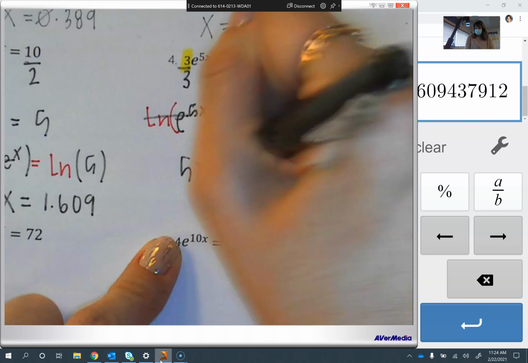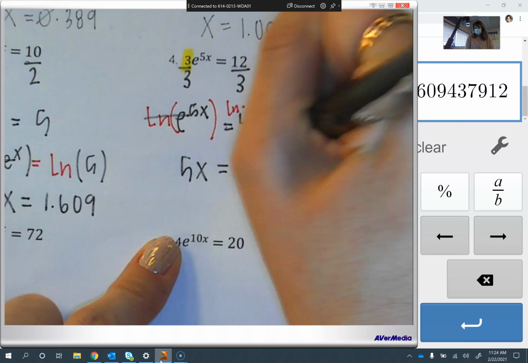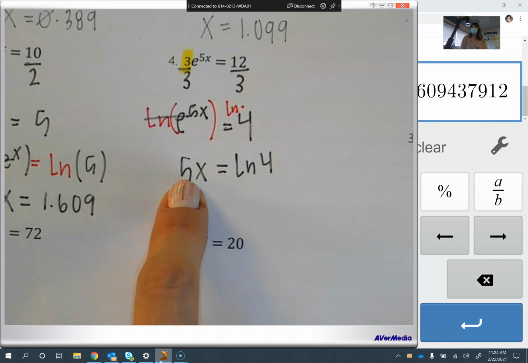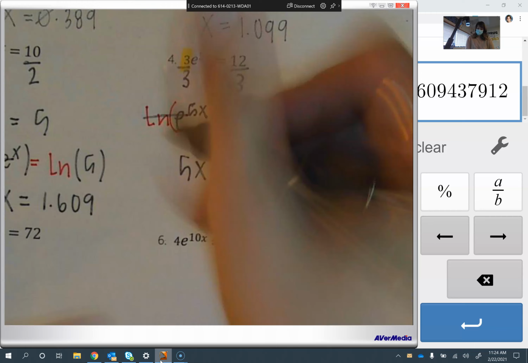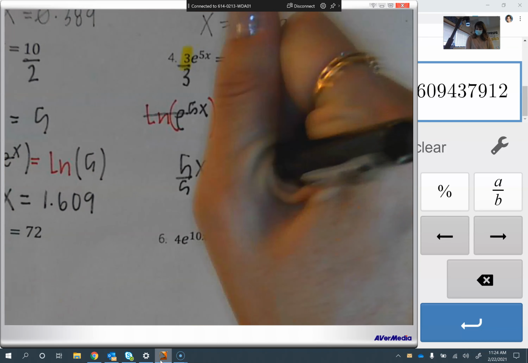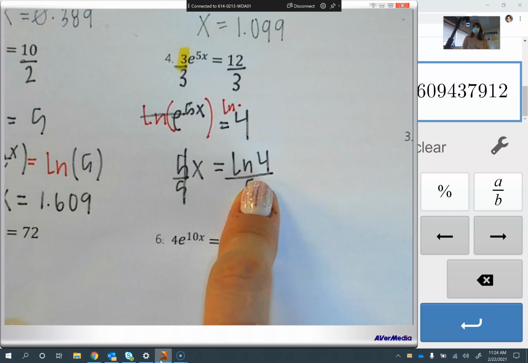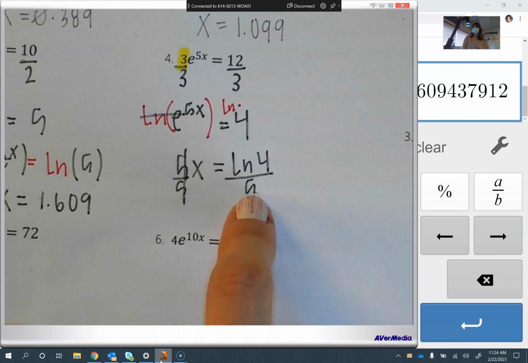On the right-hand side, you have the natural log of 4. And now we can't forget we have to get rid of this 5. So to get rid of that 5, you divide it off. X is the natural log of 4 divided by 5.